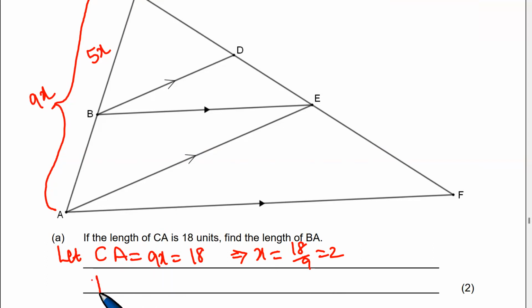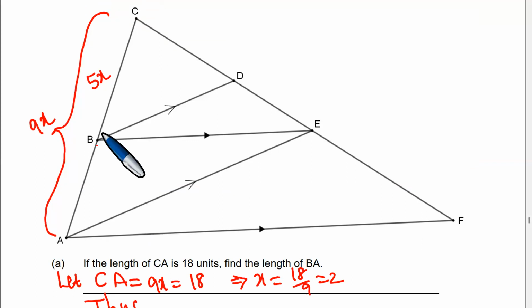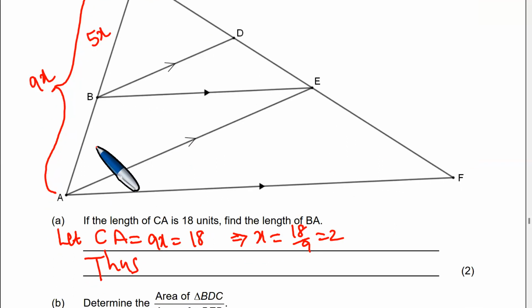At this point your x is that, and that means CB is what? CB plus BA is equal to CA.